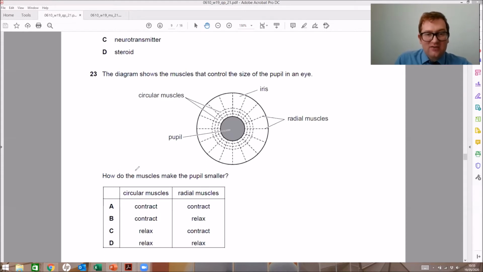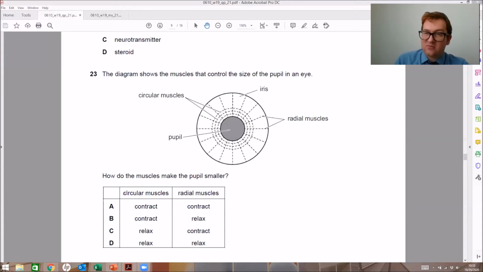So it says, how do the muscles make the pupil smaller? Well, in this case, remember they're an antagonistic muscle pair. One contracts, one relaxes. So the circular muscles are responsible for the contraction or constriction of the pupil, making it smaller. So when the circular muscles contract, the radial muscles must relax.